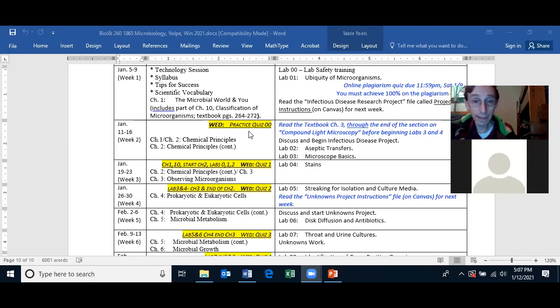Another reason for taking the practice quizzes is it'll force you to get the Respondus Lockdown Browser working on your system, because every once in a while students have a little bit of trouble getting it to run on their system.